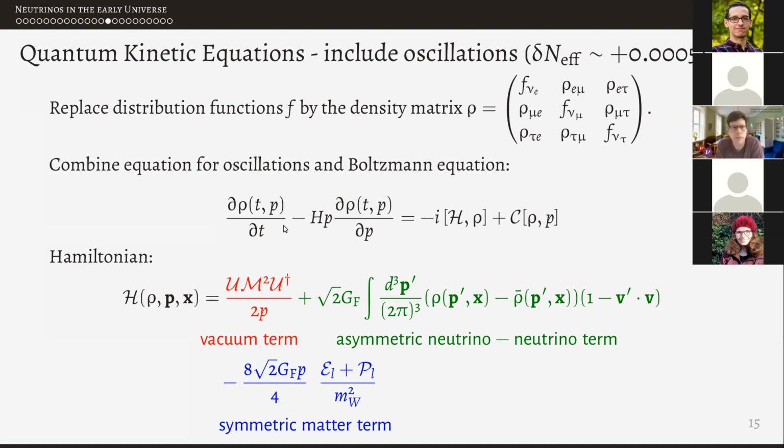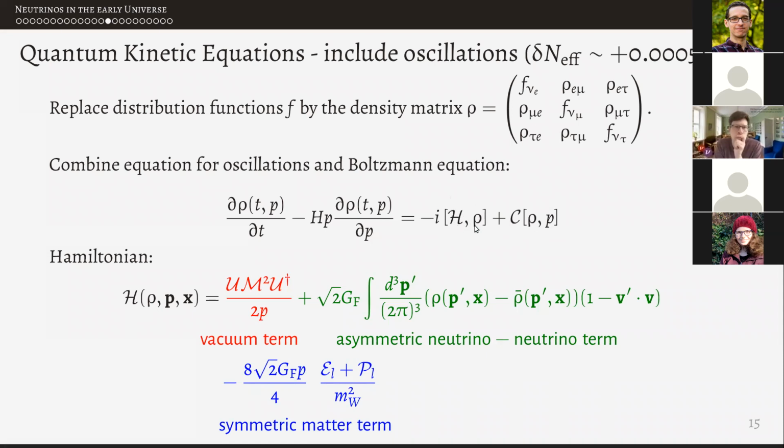So from the Boltzmann equation, okay, we of course have the time derivative. We want to know how the density matrix evolves in time. Then from the Boltzmann equation, we have the expansion of the universe that we must account for. And we have a collision term that describes how the neutrinos interact incoherently with the background. And then the oscillations are taken into account by this commutator between the Hamiltonian and the density matrix.